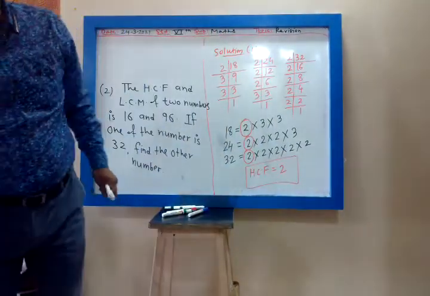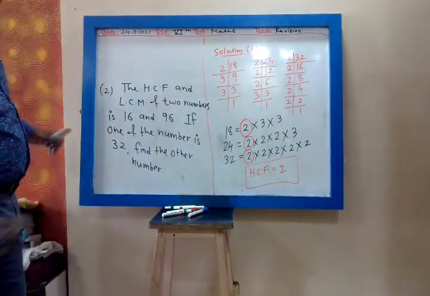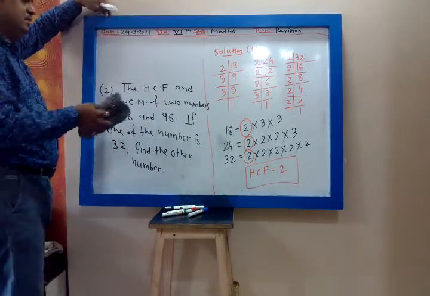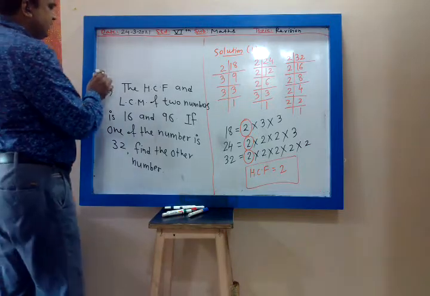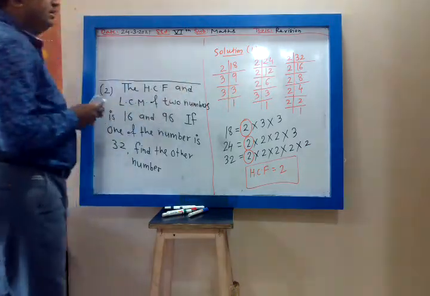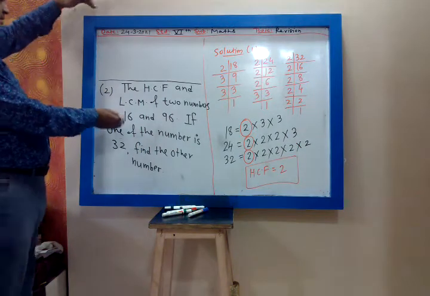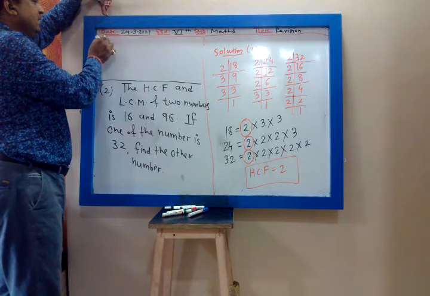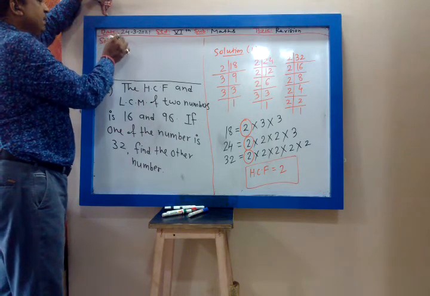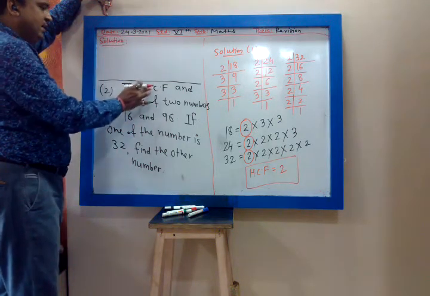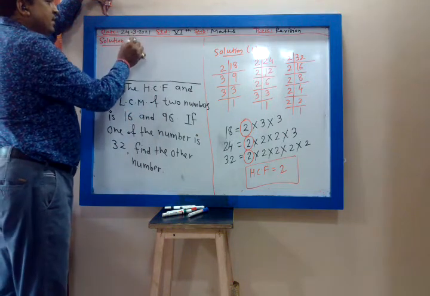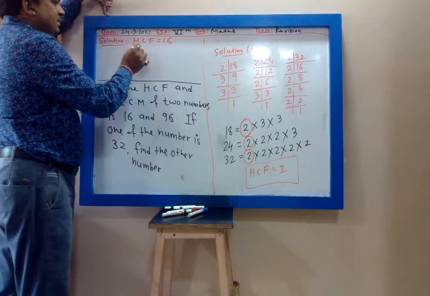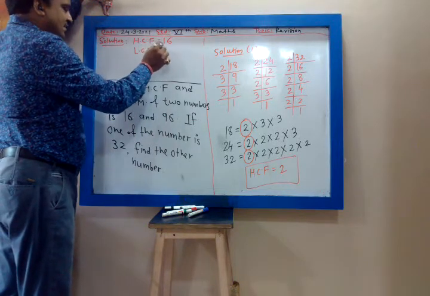You can see the video afterward. Second question. Now let me write the second one. The HCF and LCM of two numbers: HCF is 16, LCM is 96.